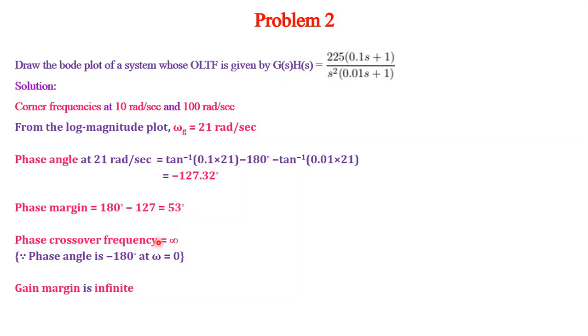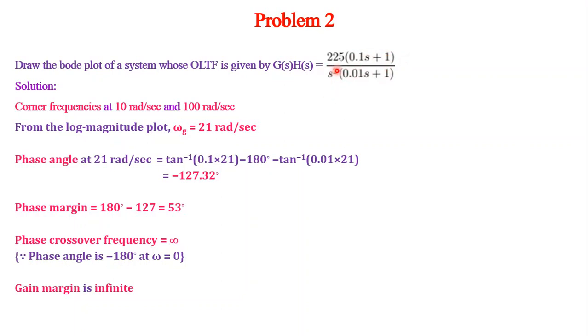What about the phase crossover frequency? Phase crossover frequency is the frequency where the phase angle plot cuts minus 180 degree. Anyway, initially it cuts at 0 frequency, but 0 frequency we don't show in the semilog sheet. Infinity also it cuts, because at infinity these two will be 90 minus 90, 0.